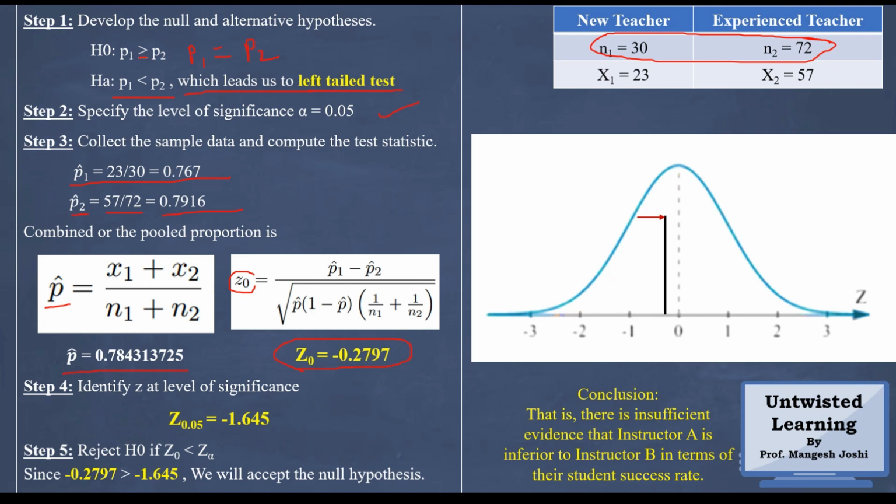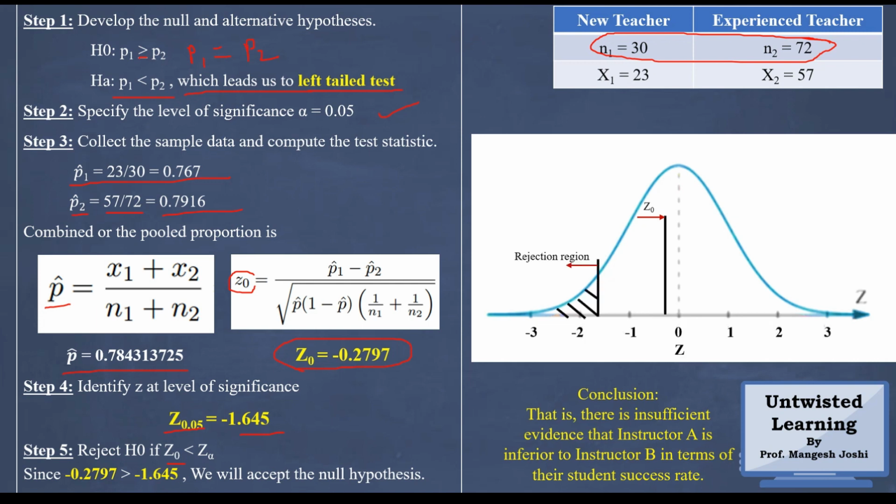Since it is only a one tail test, it is Z of 0.05, which is minus 1.645 because it is a left tail test. So our decision rule is reject H0 if the calculated value of Z is less than the value of Z at the level of significance. So since minus 0.2797 is greater than minus 1.645, we will accept the null hypothesis.